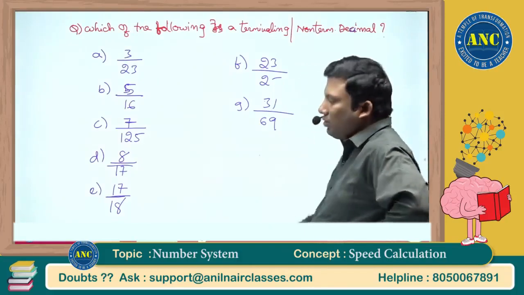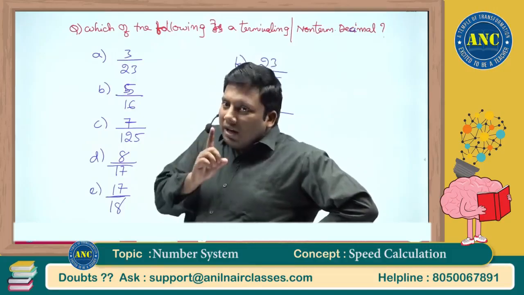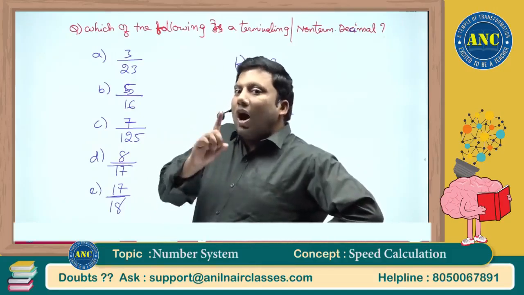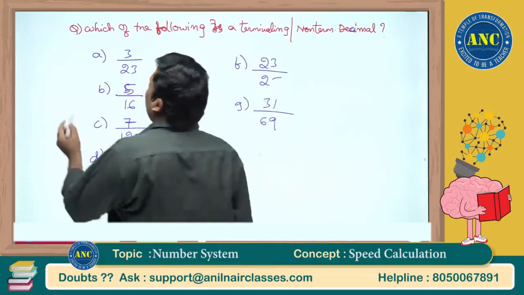Only these two we have to determine. When will a fraction be a terminating decimal? When the denominator is a power of 2 or a power of 5 or a combination of only powers of 2 and 5.